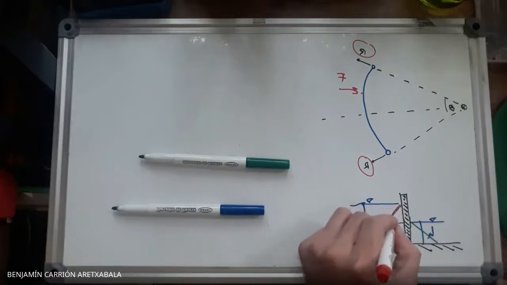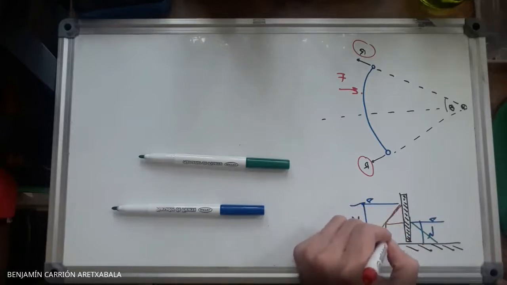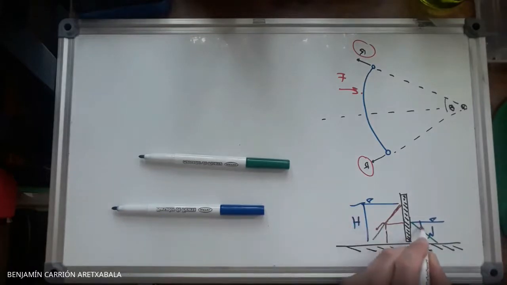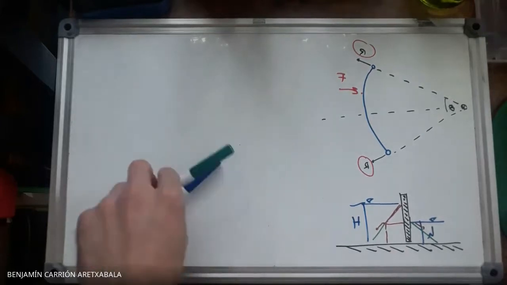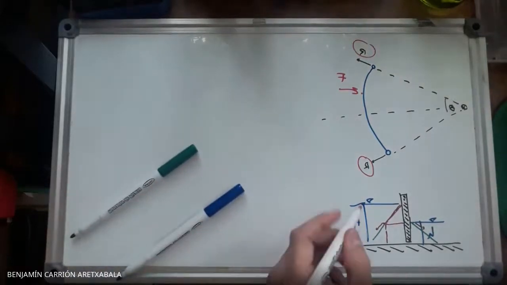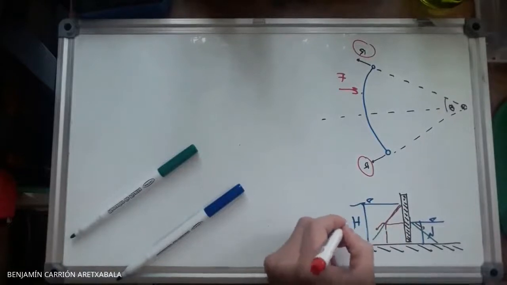It would be linear up until this point and then uniform, because you had at both sides linearly increasing pressure.